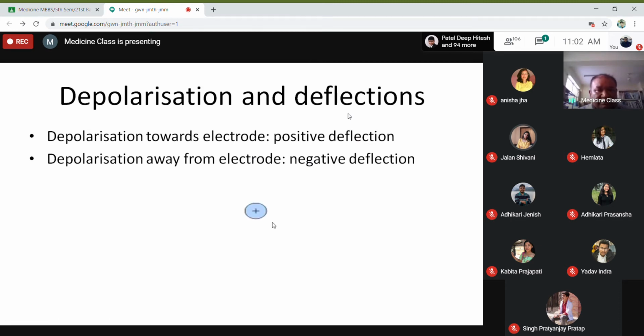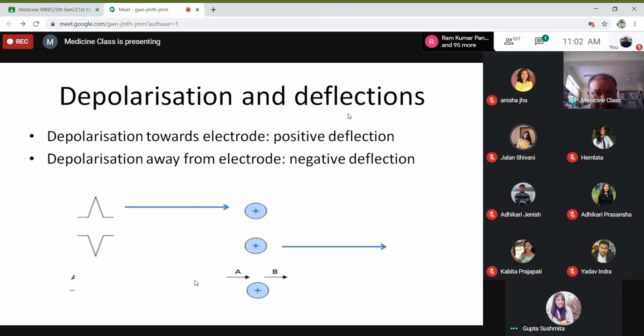Suppose this is the electrode, the positive. Now if the depolarization is coming towards this electrode, there will be a positive deflection in the ECG. If the depolarization is going away from the electrode, you will have a negative deflection in the ECG. If it is in between, then you will have a biphasic one.